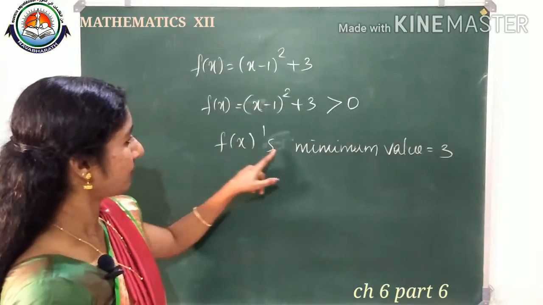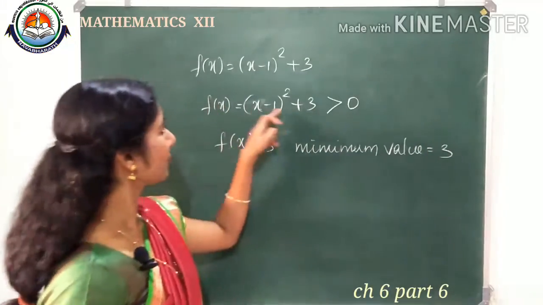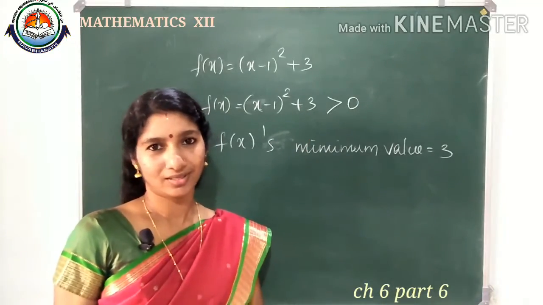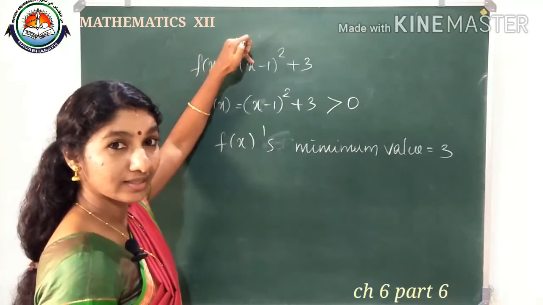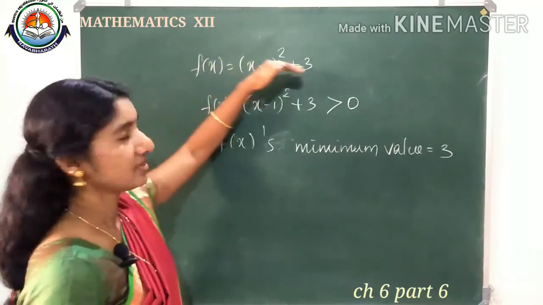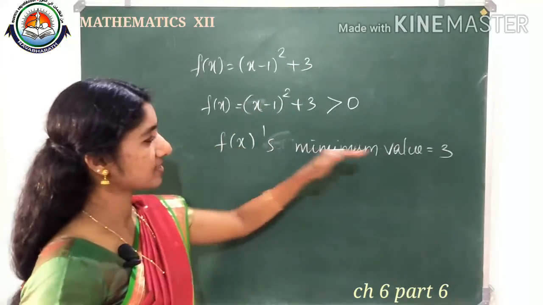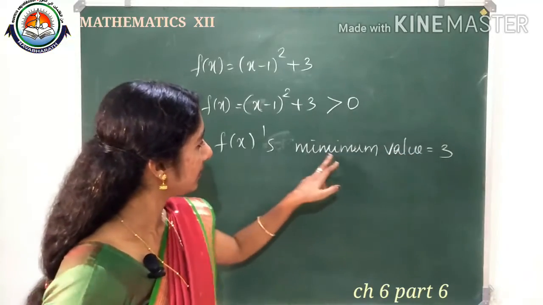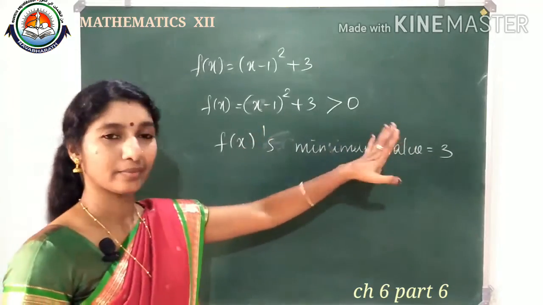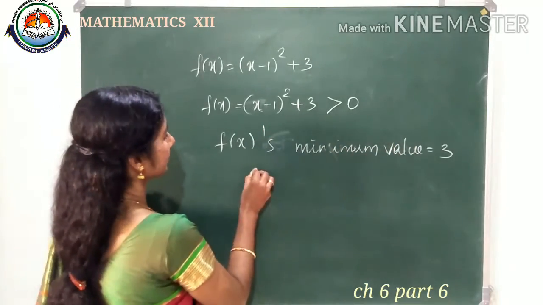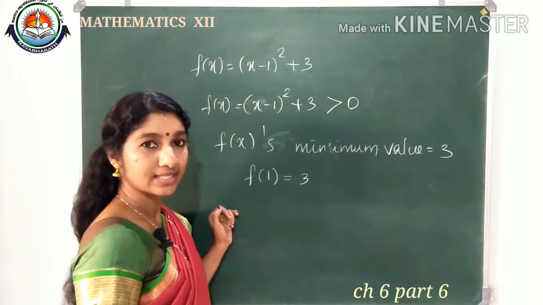So we can say the minimum value of f of x is 3. Why 3? 0 plus 3. So the minimum value comes 3 only, not less than 3. Whatever value you give for x, you will not get a value for f of x which is less than 3. So f of x gets a minimum value at x equal to 1, and the minimum value is 3. That means f of 1 equals 3 is the minimum value.